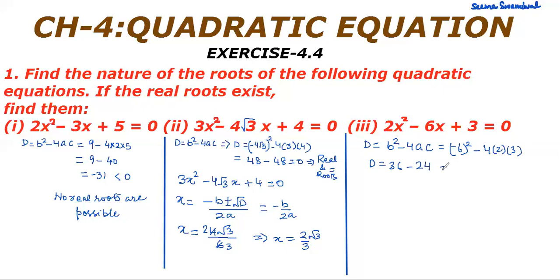That means D is equal to 12. Now, x is equal to minus b plus minus square root d upon 2a. Simply put the values and you will get it. Since d is a positive number, you are going to have real and two different roots.